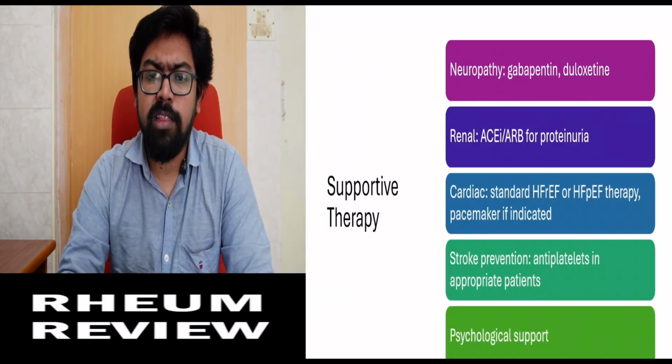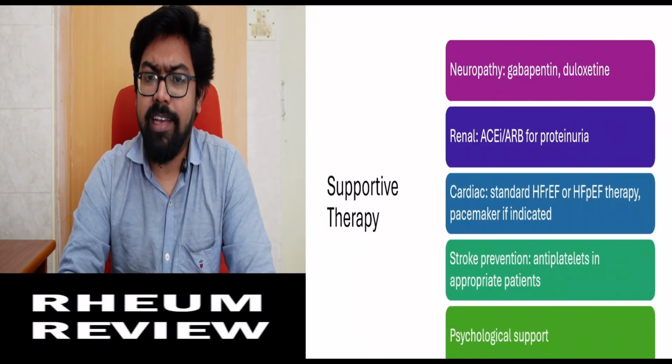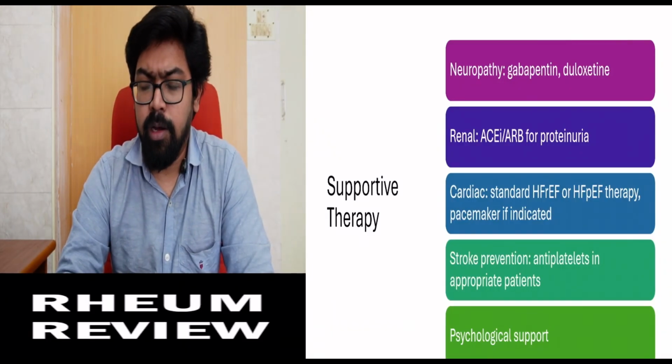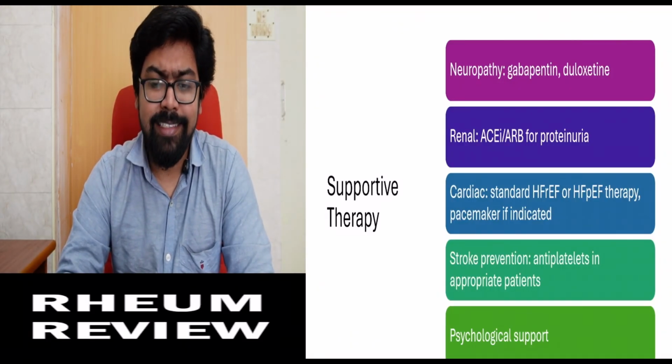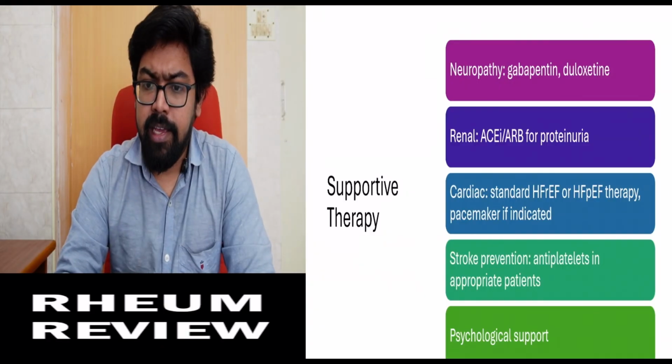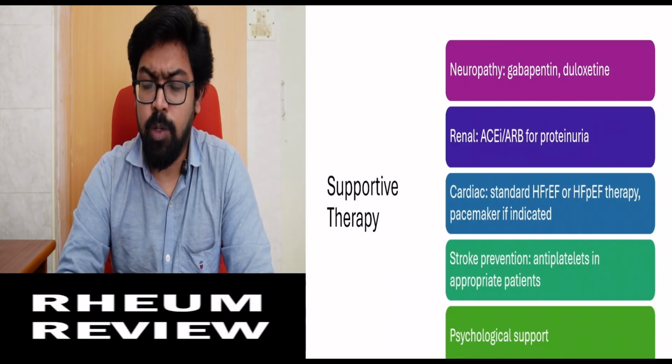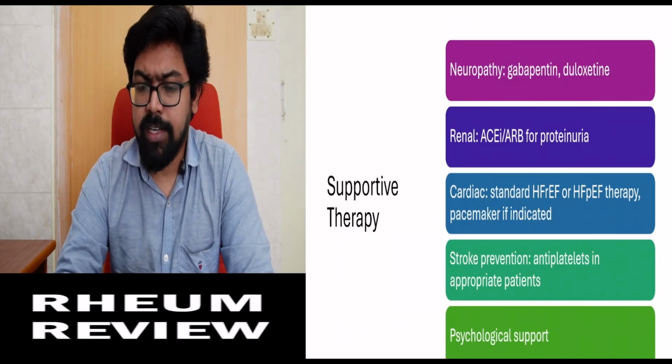So the supportive therapy, as we all know, in case of neuropathy we use gabapentin or duloxetine. In renal involvement with proteinuria, ACE inhibitors or ARBs are preferred. In case of cardiac involvement, the treatment protocol for cardiac failure with reduced or preserved ejection fraction should be given.